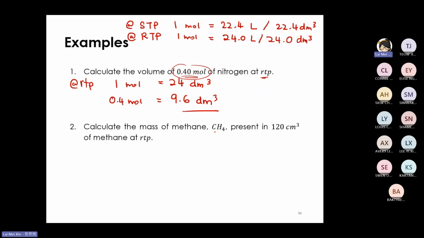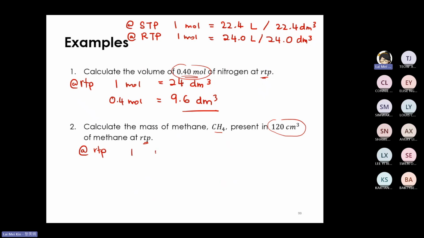Calculate the mass of methane in 120 centimeter cube of methane at RTP. So again, start with what you know. At RTP, I know that 1 mole is 24 decimeter cube. So how much do you have now? 0.12 decimeter cube.